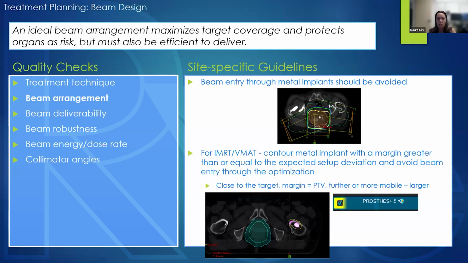If it's closer to the PTV, the margin that you use will probably be similar to the PTV margin. If it's further from the PTV, such as in this case in the femoral head, you may have some rotation, you may have more displacement, so you may need a larger margin to prevent the beam entering through.